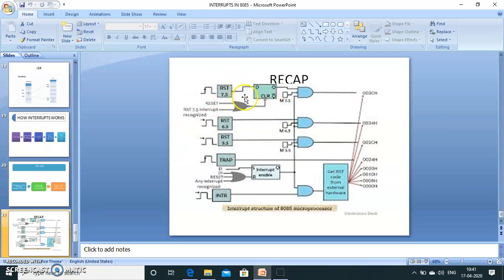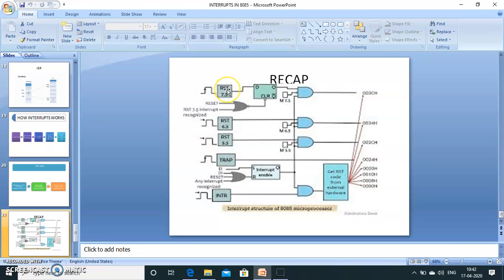The recap is that we have mainly 5 interrupts. RST 7.5 is edge triggered, RST 6.5 is level triggered, RST 5.5 is level triggered, and TRAP is edge triggered. TRAP has the highest priority. Whenever a TRAP occurs, it goes directly to the vector address corresponding to the interrupt.